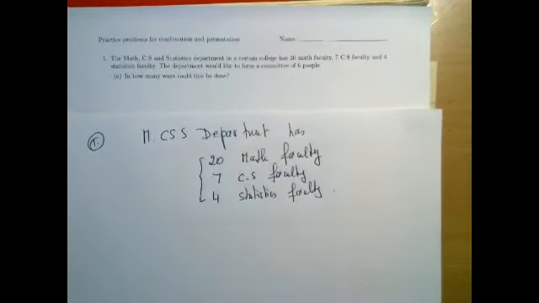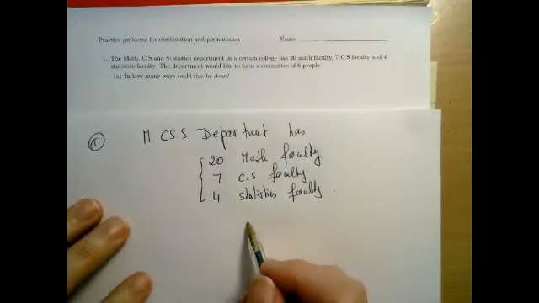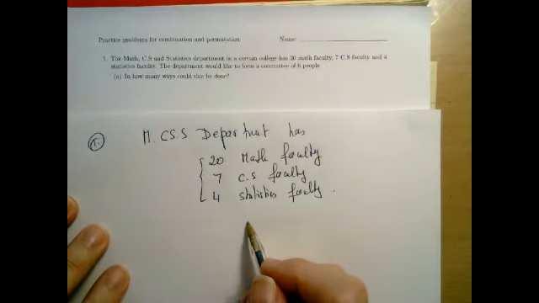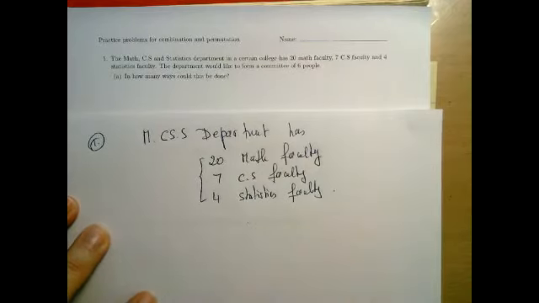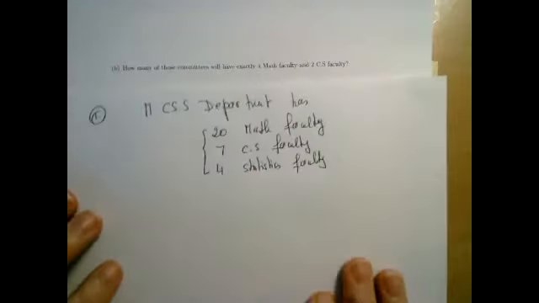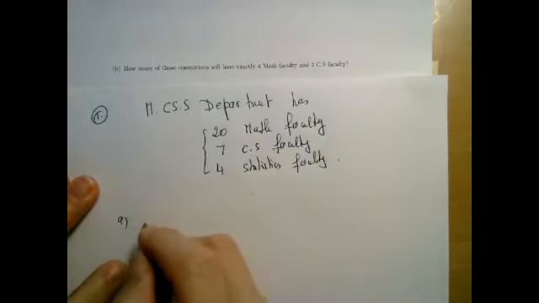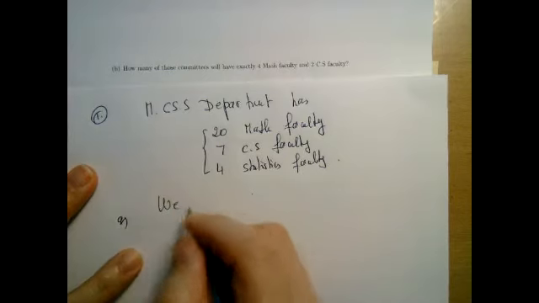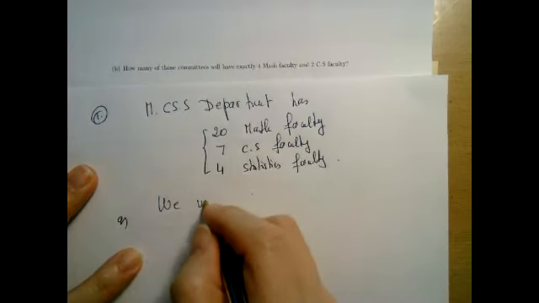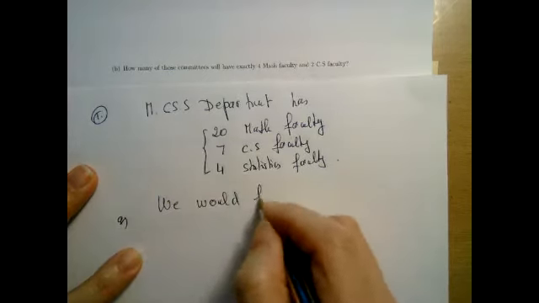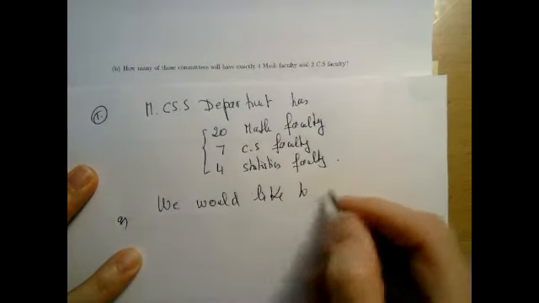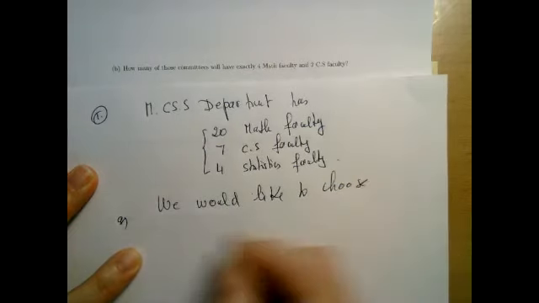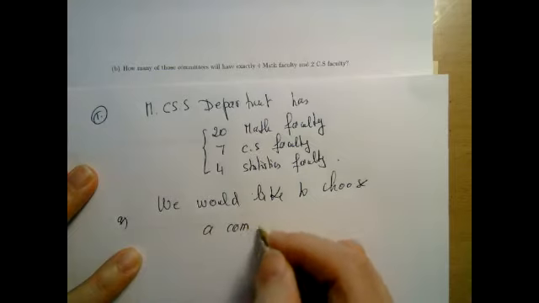All right, Logan, is this better when I'm writing it? Okay, very good. Now my first question is the following. In how many ways can this be done? You would like to choose a committee of 6 people.